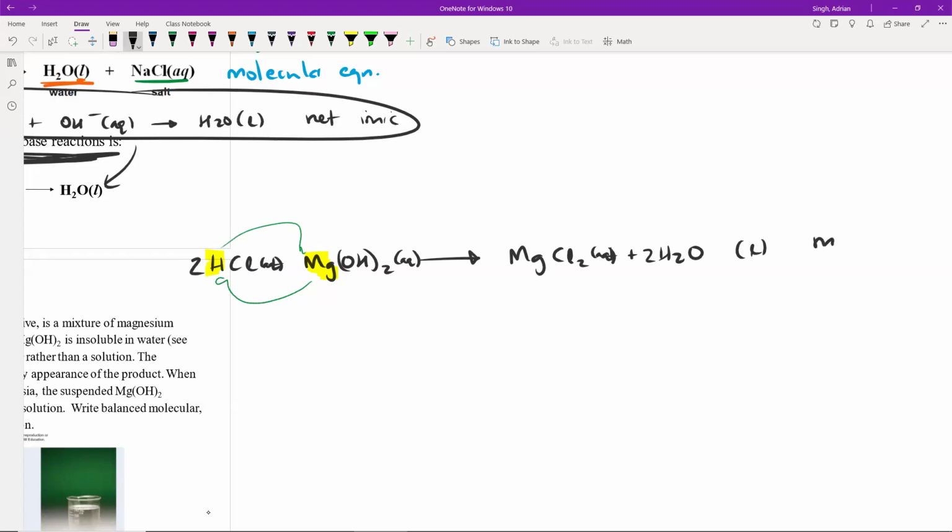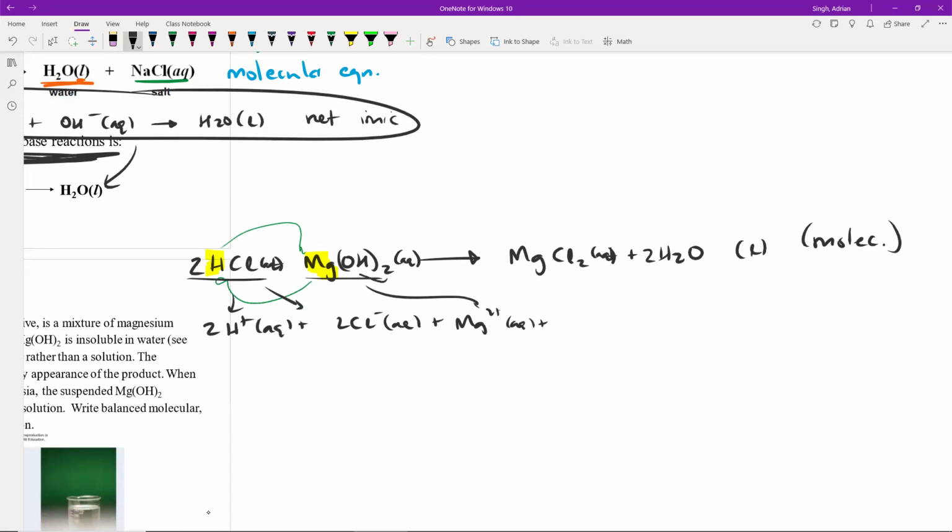This is your molecular equation. We can then split everything apart, since it's aqueous. So we have 2H plus and 2Cl minus from this. Magnesium hydroxide gives me Mg2 plus and 2 hydroxides, aqueous, which is why I put the parentheses in, though you don't need the parentheses.